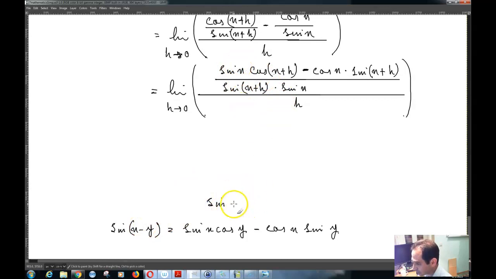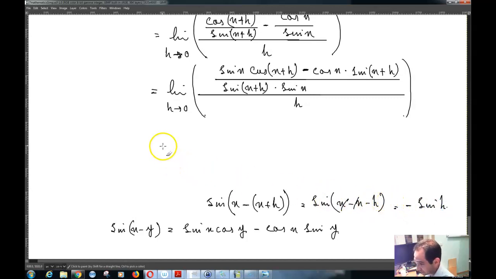So you can write this numerator as sine of x minus y. X over here is x, and y is x plus h, which is equal to the sine of x minus x plus h, which is equal to sine of negative h, which is equal to negative sine h.